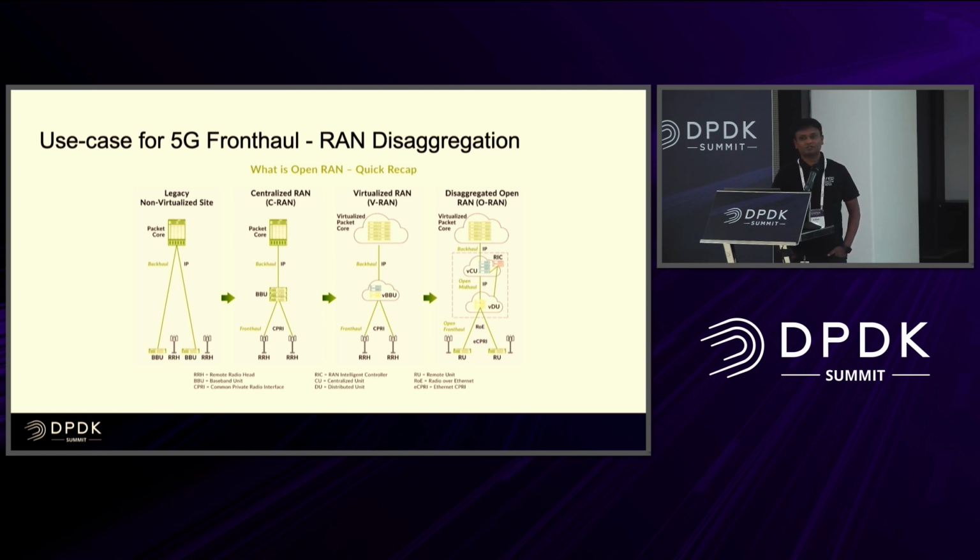Then some of the service providers evolved this topology and came up with what is called centralized RAN or the CRAN. So here, they moved the BBUs into a central location.